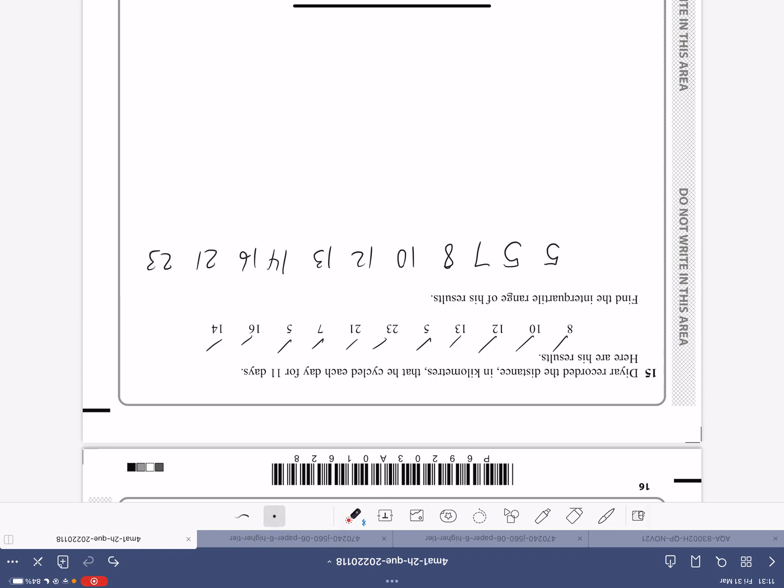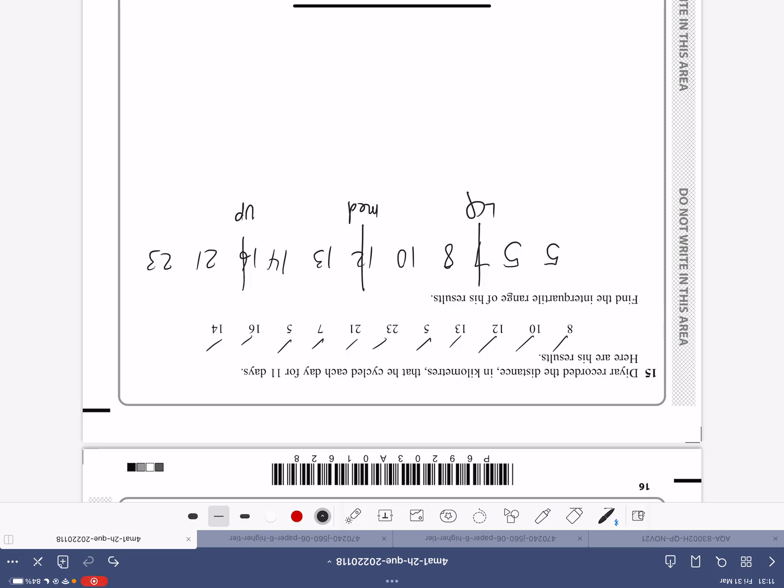Okay, interquartile range. 1, 2, 3, 4, 5, 6, 7, 8, 9, 10, 11. Because it's 11, the middle is value number 6, which is 12. So then we've got 5 to the left, 5 to the right, and it's interquartile range, so that's the lower quartile.